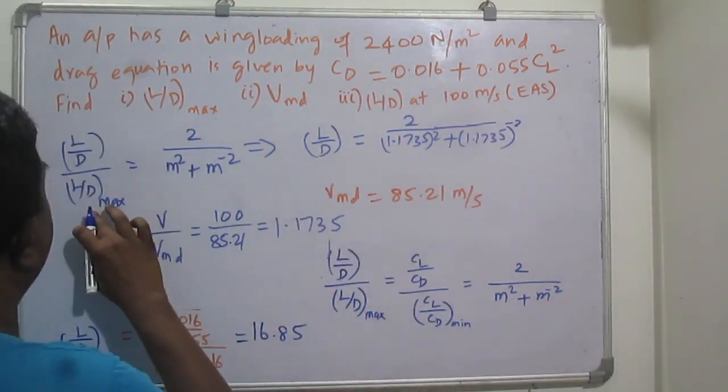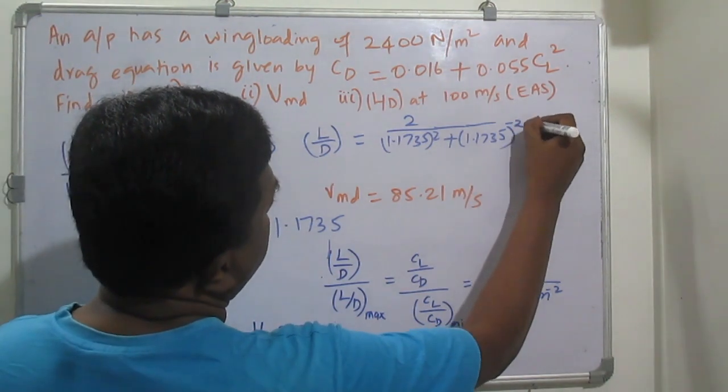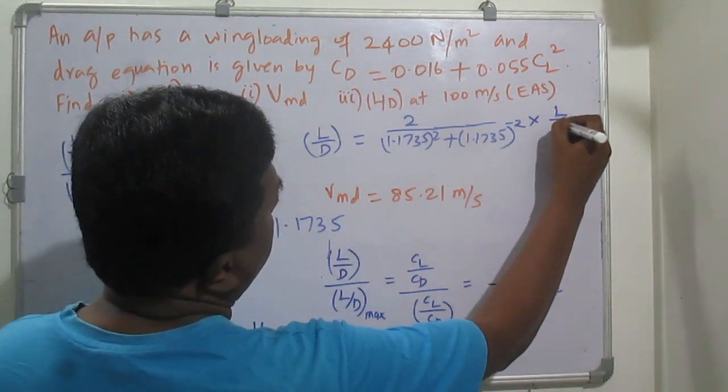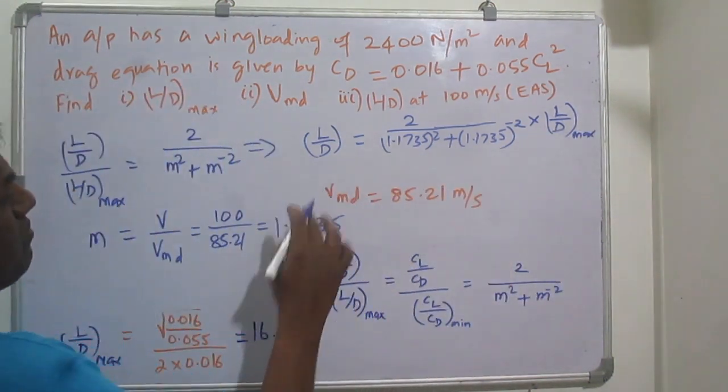Then we do the cross multiplication into L by D max.